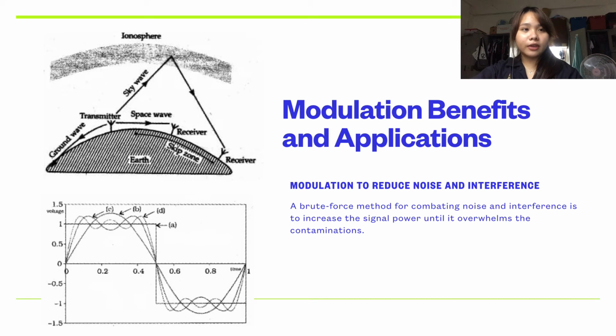Fortunately, FM and certain other types of modulation have the valuable property of suppressing both noise and interference. This property is called wideband noise reduction because it requires the transmission bandwidth to be much greater than the bandwidth of the modulating signal.